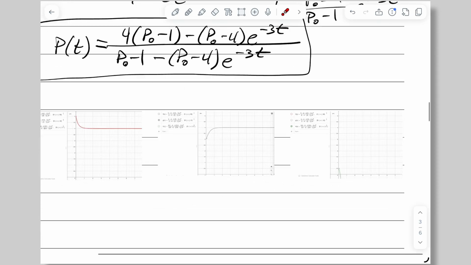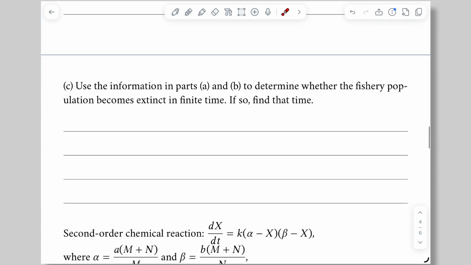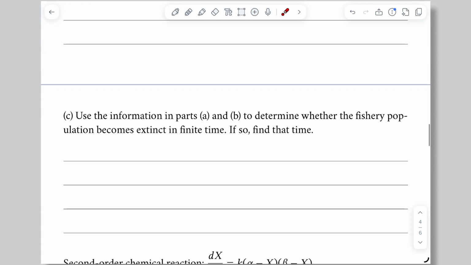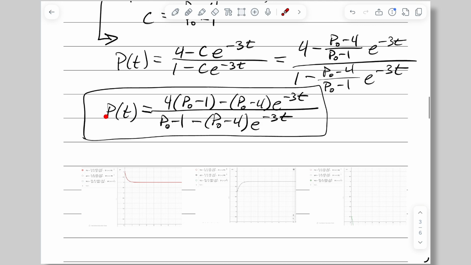And that actually is what we have in the next set of instructions here. Use the information that we had in the previous steps to determine if the fishery population becomes extinct in finite time. That is to say, does P equal 0? And the good news is, even though P is rather cumbersome looking, the only thing that can make a fraction equal to 0 is its numerator.